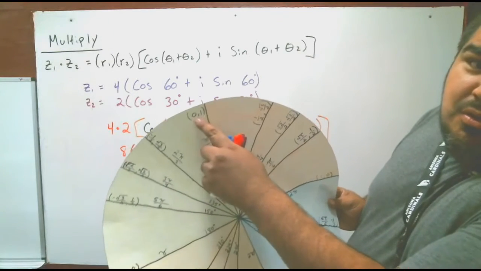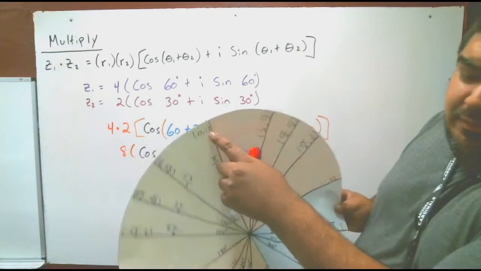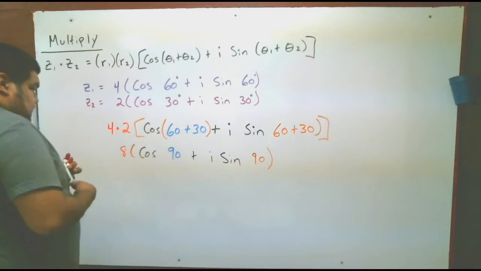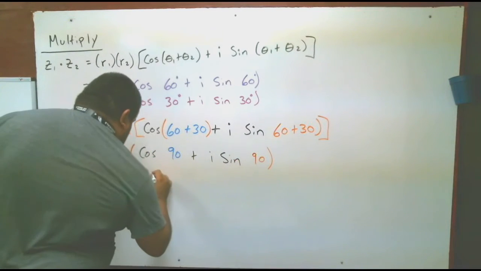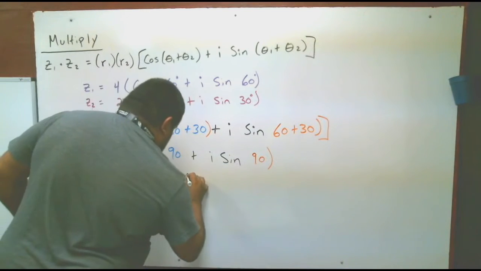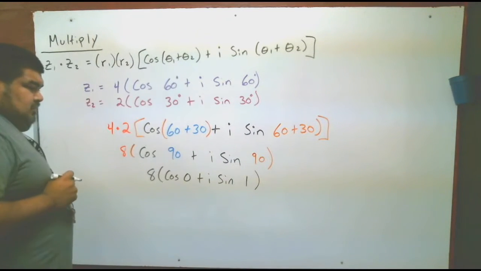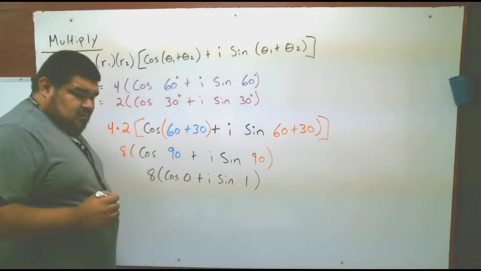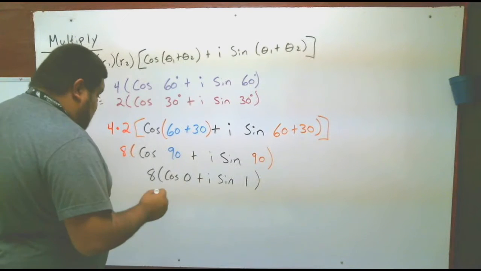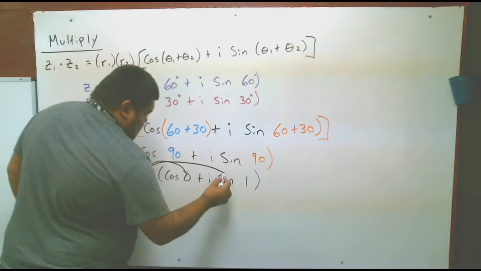Remember, for 90, cosine is 0 and sine is 1. So we can say 8 parentheses cosine, which is 0, plus i sine, which is 1. Now we have to distribute the 8 into that.